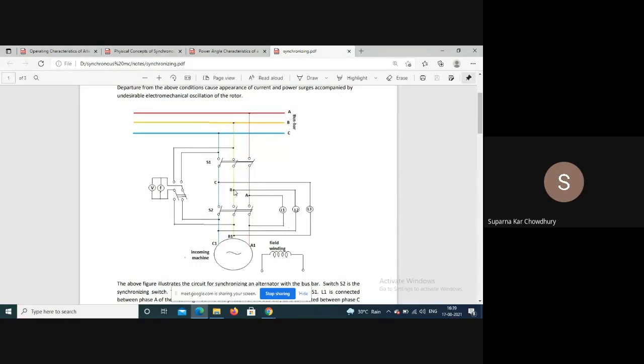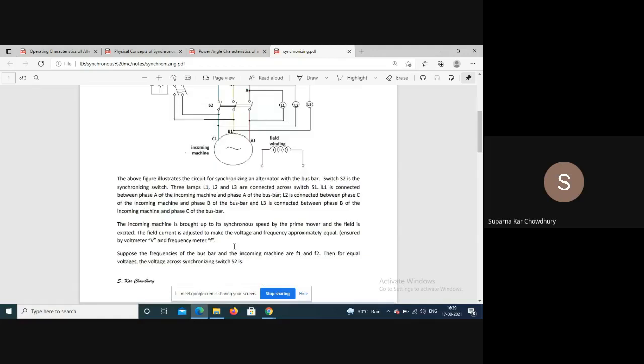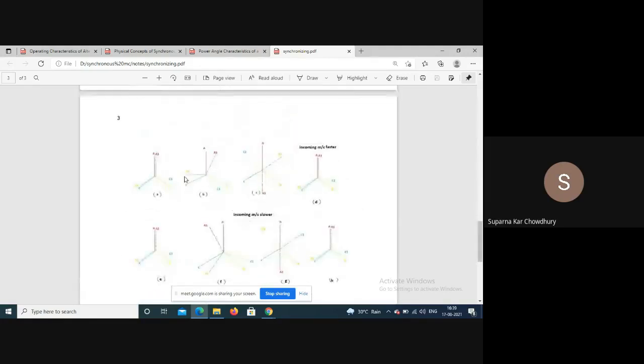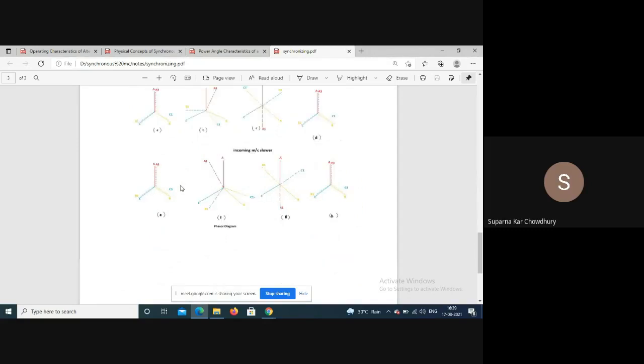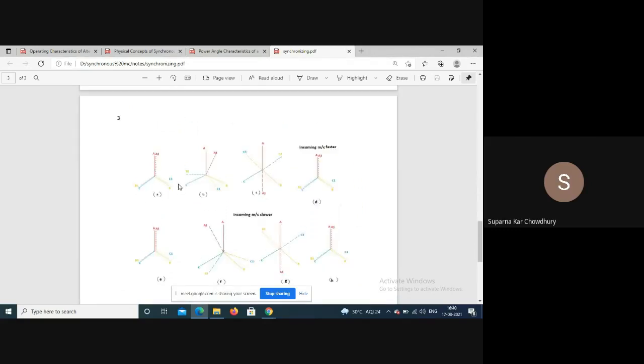So this light, what we assume is connected between B and C, is basically connected between C of the bus and C of the machine. So for this superimposed figure, all the lamps will be dark.